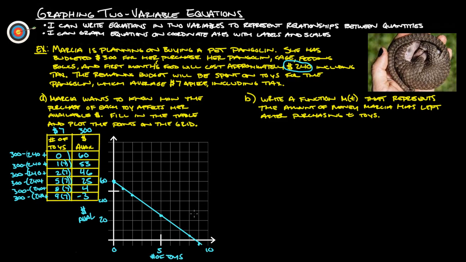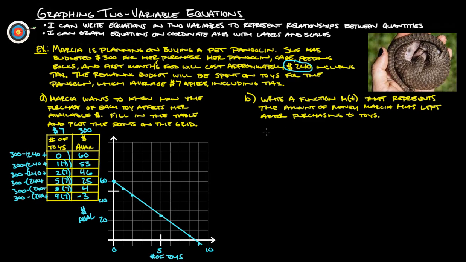Okay. And then part B says write a function that represents the amount of money that Marcia has left after purchasing t toys. Okay. So look, we've got our equation. We know our y-intercept is 60, and then we just got to figure out what the slope is.